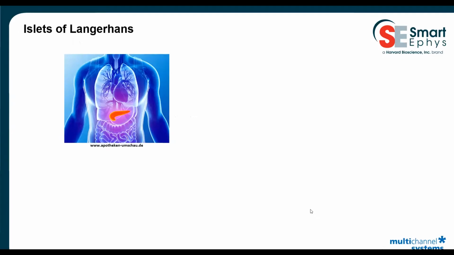Let me introduce you shortly to the islets of Langerhans. Of course, they are part of the pancreas. And the pancreas has two main functions. The exocrine function is to secrete digestive enzymes into the intestines, and the endocrine function is to regulate the blood glucose concentration.